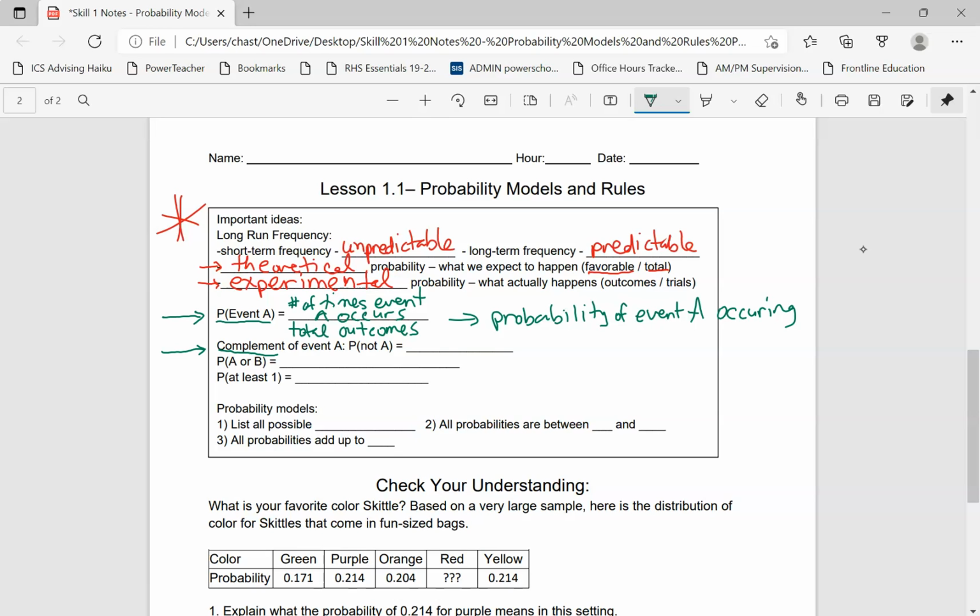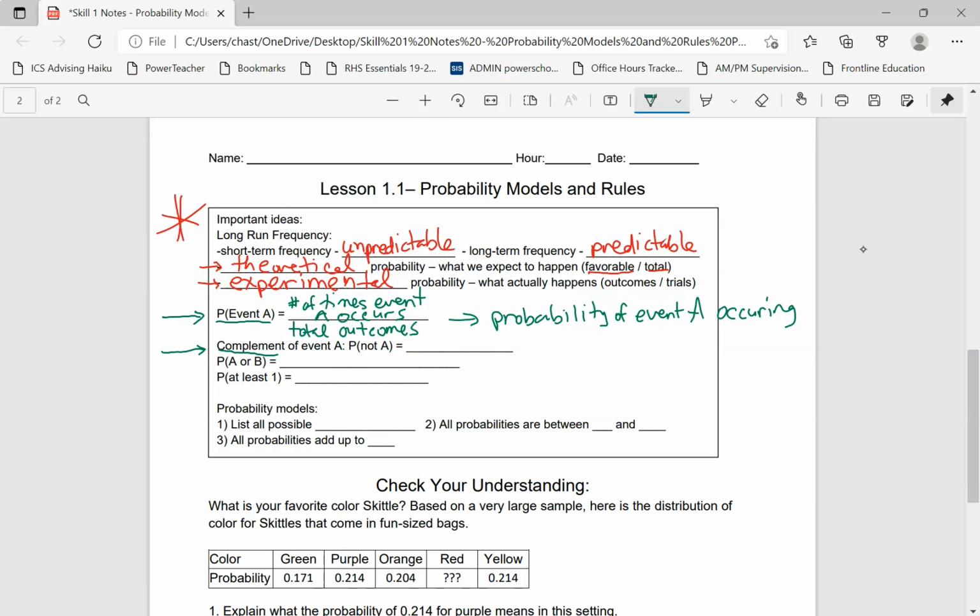The complement of rolling a 1 would be not rolling a 1, so getting anything except a 1. Or if event A is defined as rolling an odd number, well, what's not an odd number? It'd be an even number. So the complement of an odd number would be an even number. Basically the complement is everything outside of the event that you're looking at.